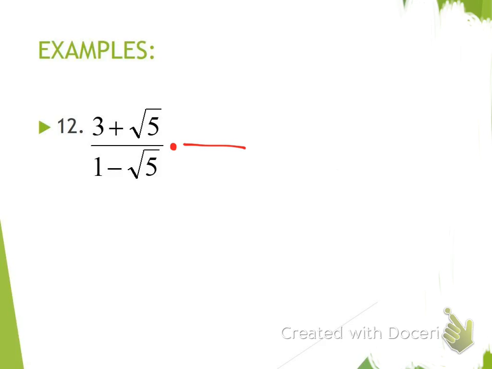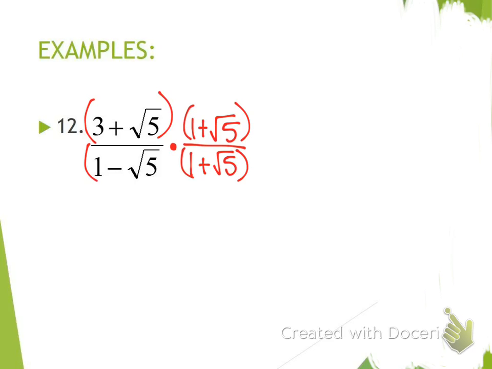So what is the conjugate of the denominator? Good, 1 plus root 5. So that's what we multiply by on the top and the bottom. Personally, I like to put all of these things in parentheses. It helps me remember what I'm doing. The conjugate means we change the sign. Keep it all the same, but change the sign.